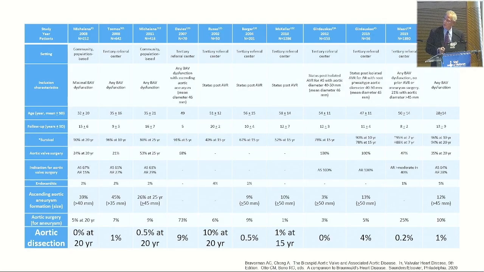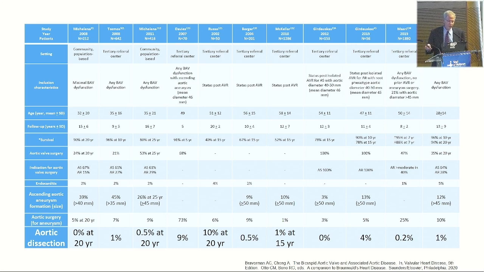In this table taken from a book chapter that we wrote, the bottom line is aortic dissection. And in the paper that Hector has under consideration now, a small risk of dissection. And in most papers, there's a very small risk in populations of bicuspid valve patients for dissection as long as the aorta is small and they're under watch.